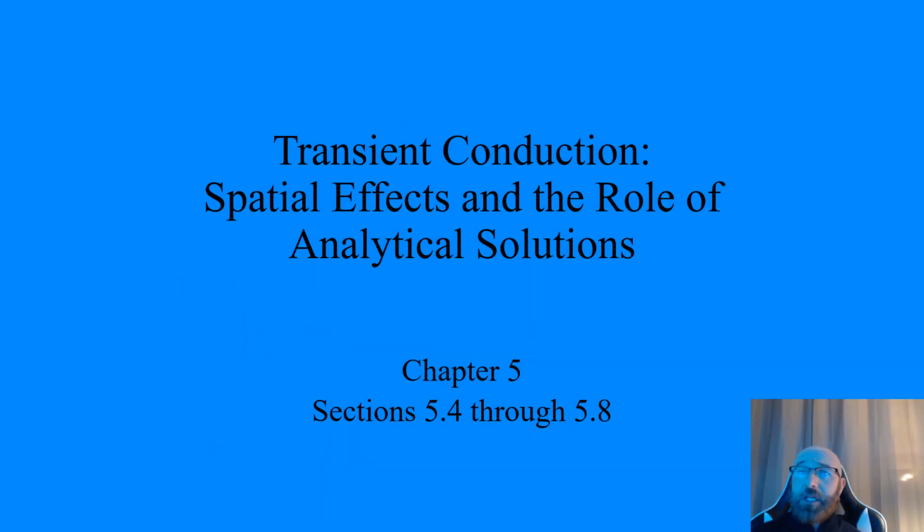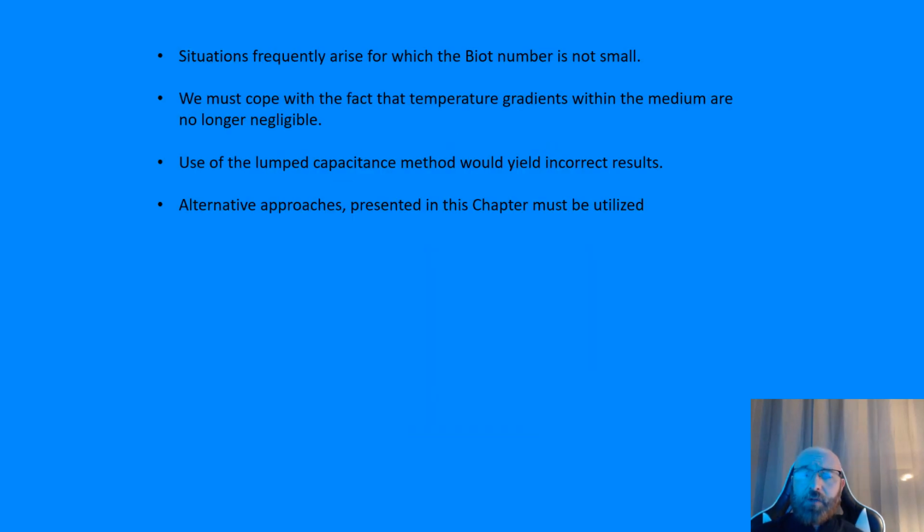So now as we continue on with our review of Chapter 5, we're going to go back through and look at sections 5.4 through 5.8 in our textbook. This is looking at the areas of transient conduction, specifically our spatial effects and the role of analytical solutions. As we continue our review, I want to consider a few things. What about the situation that frequently arises where our Biot number is not small?